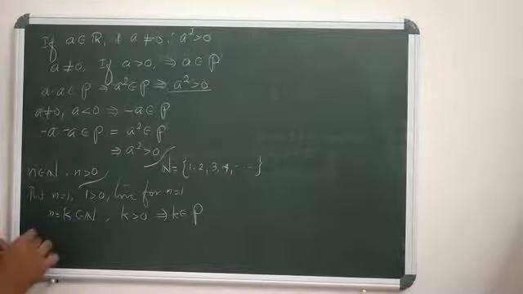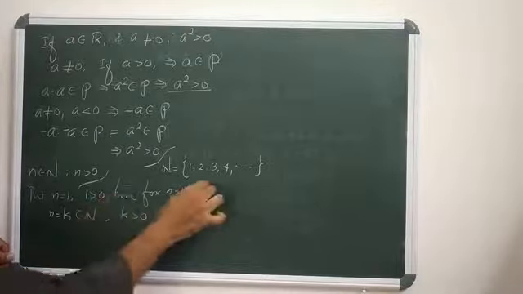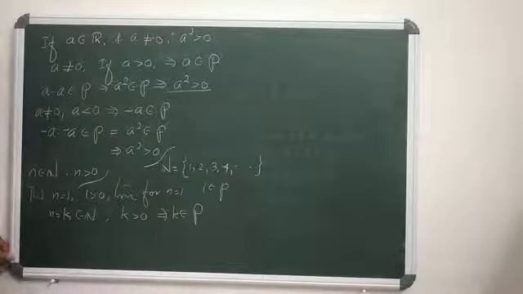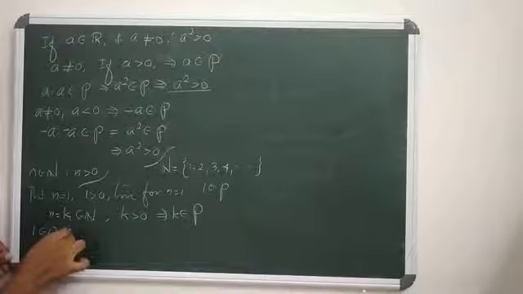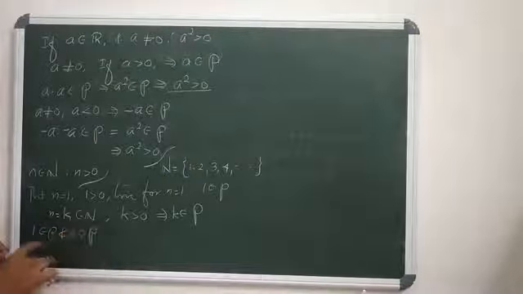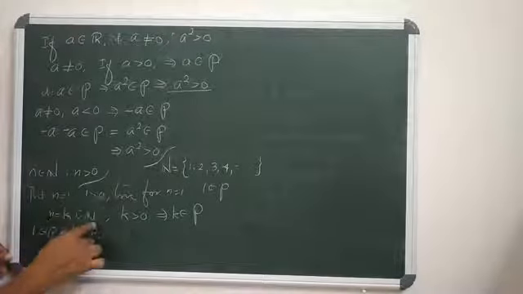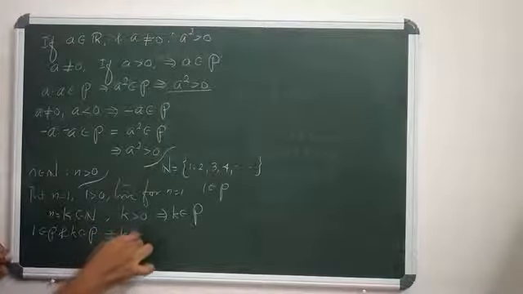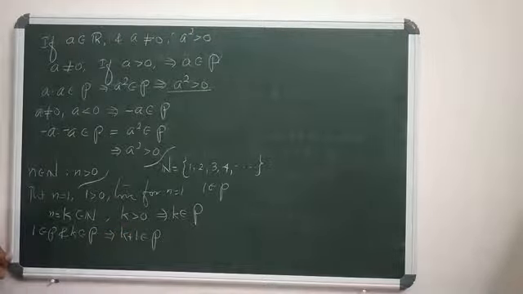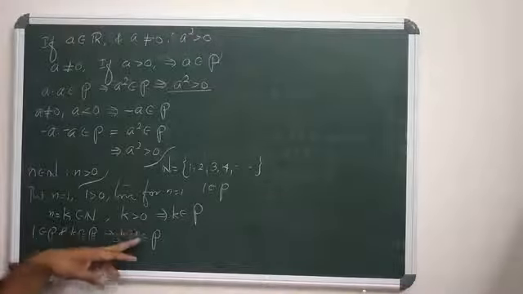Then we know that 1 is greater than 0, so 1 is in P. Then clearly 1 is in P and k is in P, so 1 and k are two positive reals present in P. Since P is closed under addition, surely k plus 1 is in P. Okay. Means the result is true for n equals k plus 1.